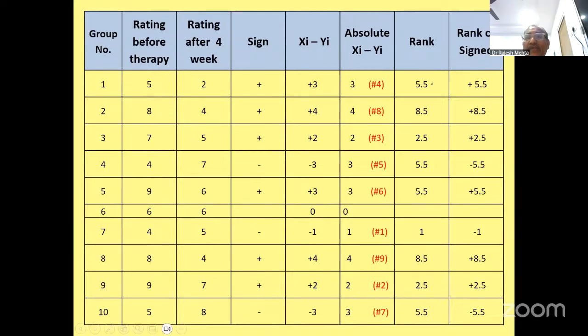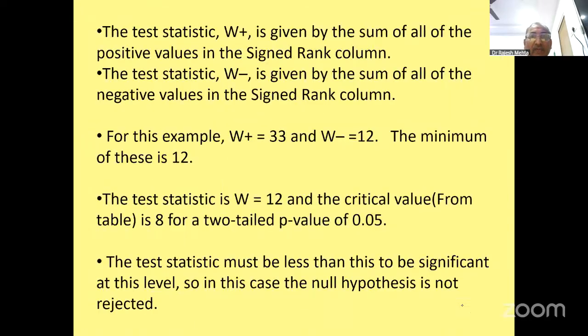Now again, we apply the plus sign and minus sign like this over here, and then we make a total of the minus and plus signs. So W plus is 33 and W minus is 12.